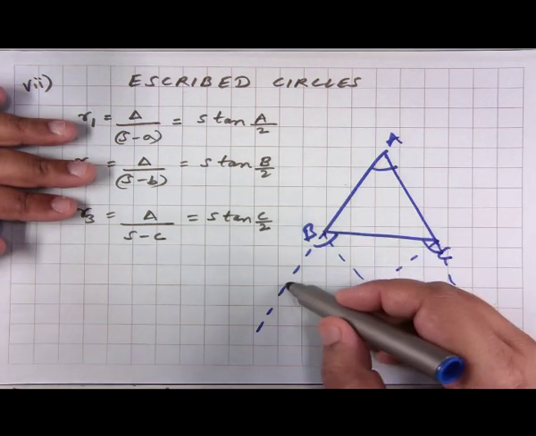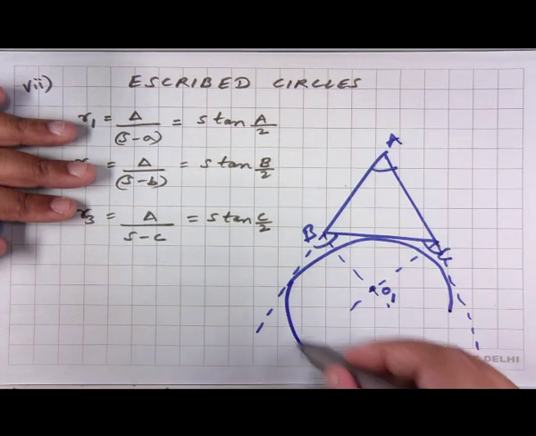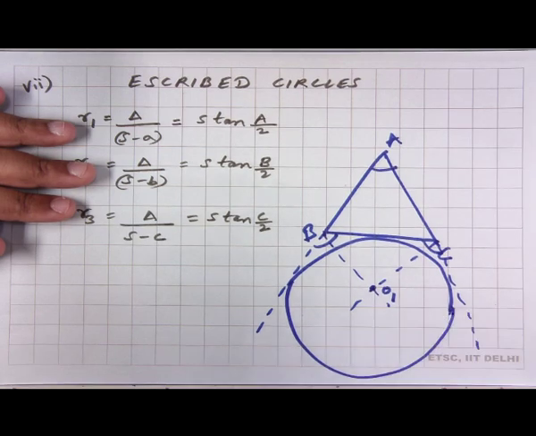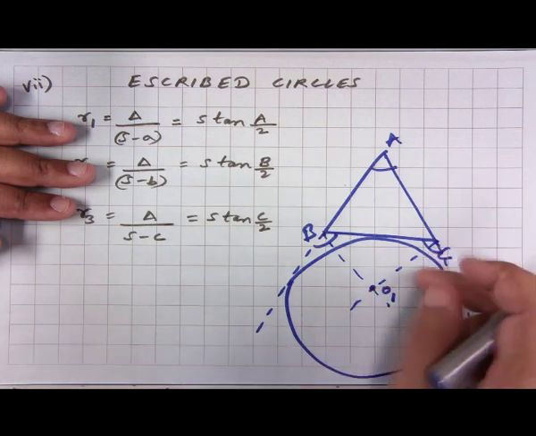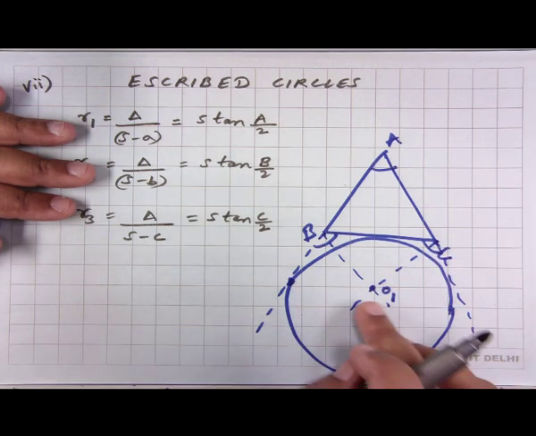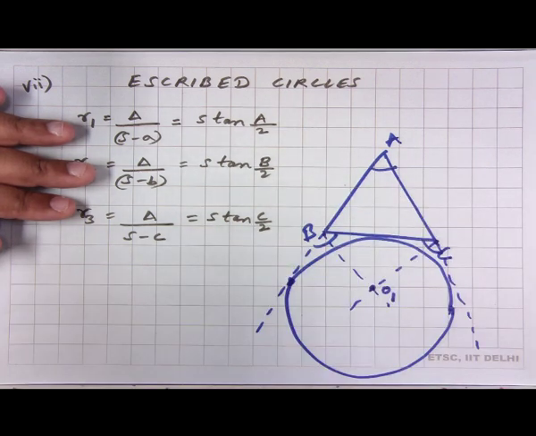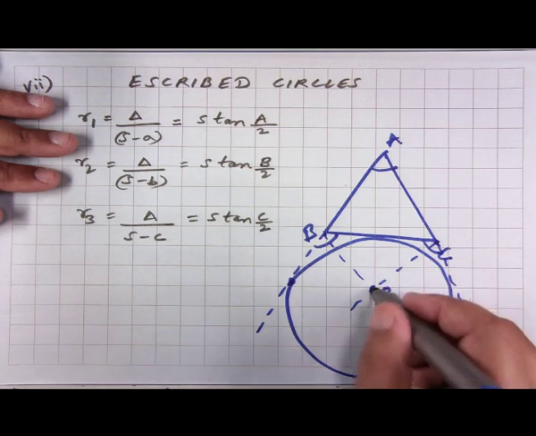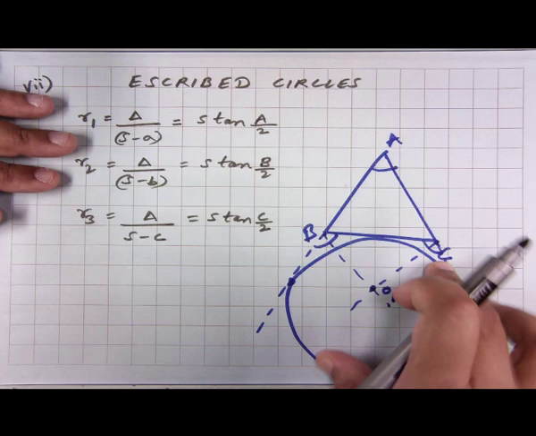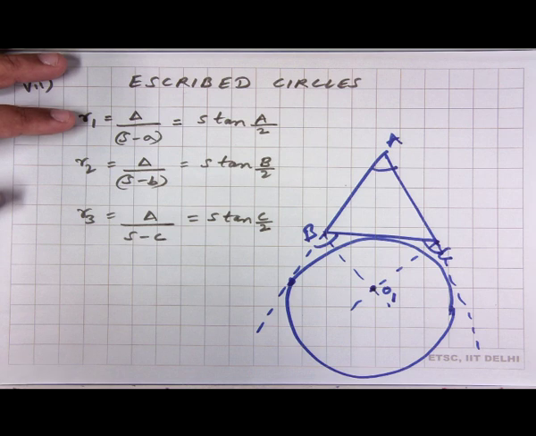In this case it will be something like this, and the point where these angle bisectors meet will be the center of the escribed circle opposite to angle A. By notation, we define the radius of this escribed circle opposite to angle A as r1.